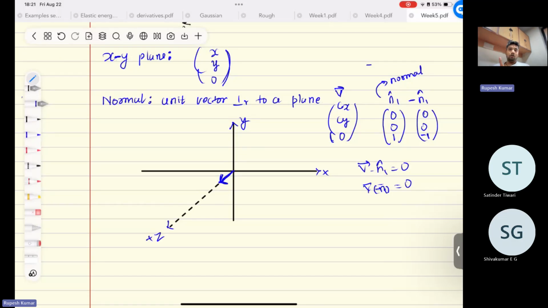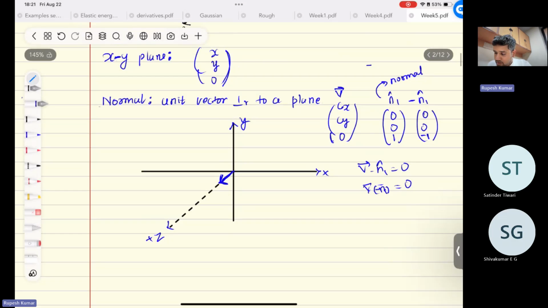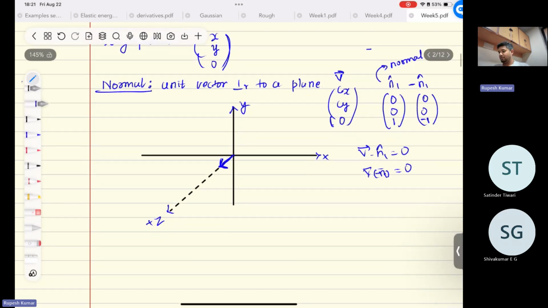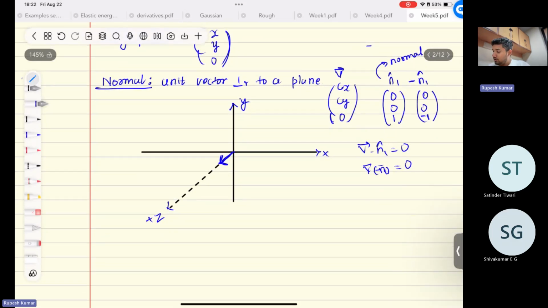So now what do you need to represent a plane? You need a normal vector, but you need one more piece of information. For example, let's say this is a plane that looks like this and goes through zero, that has a normal 0, 0, 1.